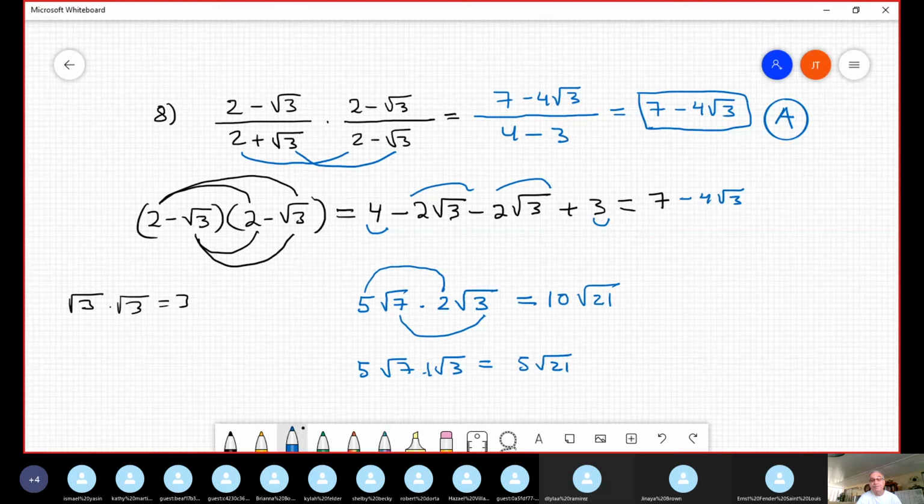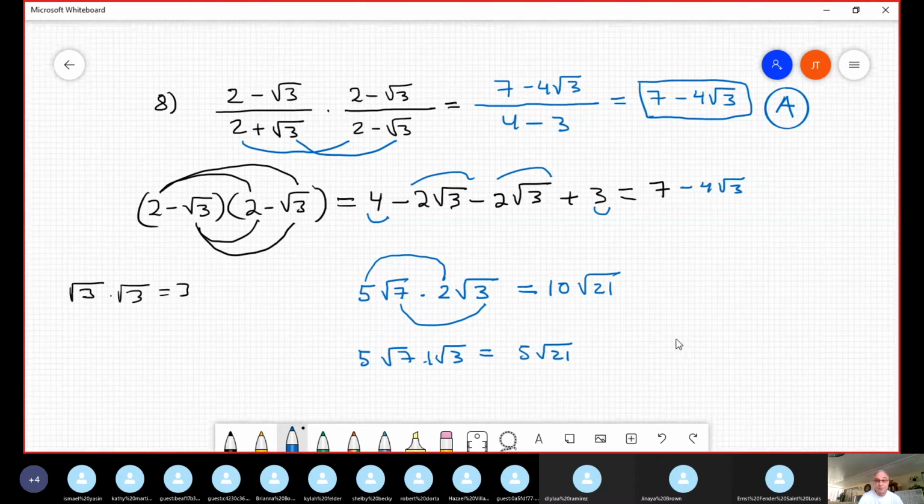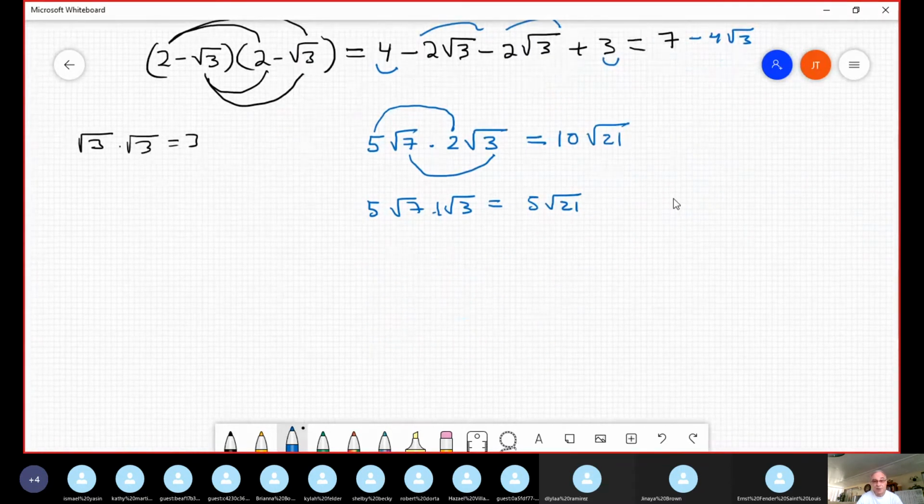Both invisible numbers are 1, radical 7 and radical 3, so I suppose this guy is 1, this guy is 1, and this is radical 21. And of course this 1 is not necessary to write.